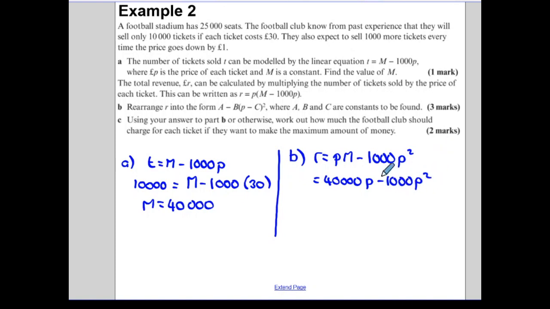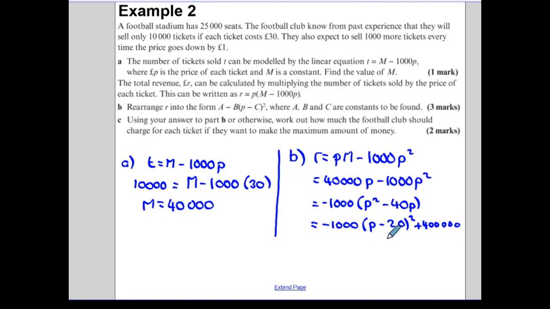I want to complete the square on this, so first of all I would factorise the coefficient of the squared term out. So negative 1,000 lots of p squared minus 40p. Complete the square on this now, halving that term. 20 squared is 400, times this negative 1,000 is negative 400,000, so we would have to add on 400,000.